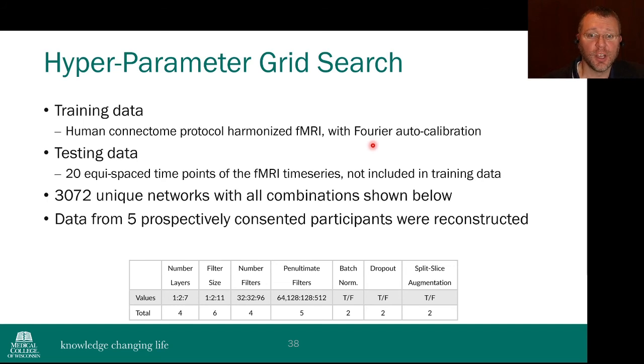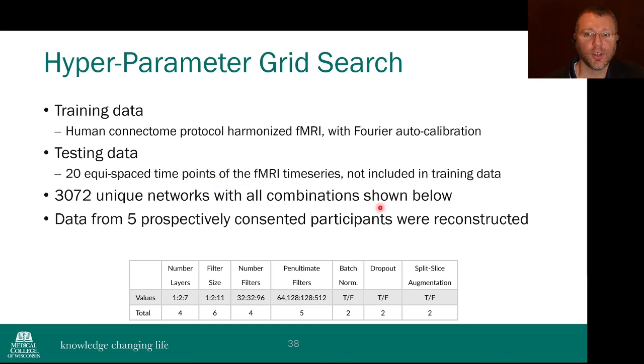For the testing data, we did not reconstruct the whole time series because there was not really a point in doing that. But we took 20 equispaced time points throughout that whole 5-minute time series. Taking equispaced points gives us a little ability to look at how the system can drift over time if the patient moves or if the field drifts.